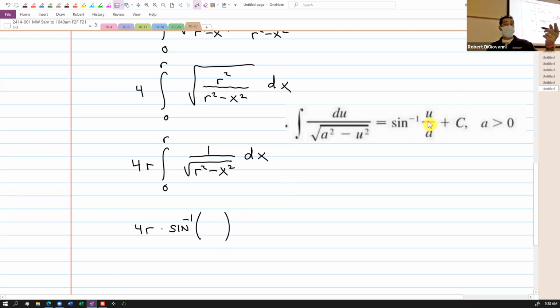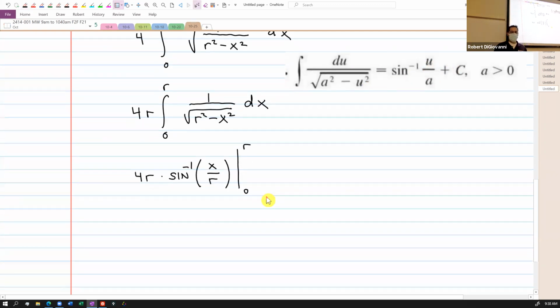For us, u is x, and a is r, right? And we're evaluating this from 0 to r. Who's got questions? It's actually looking pretty good, huh? We got the antiderivative. I mean, that's the hardest part of these problems, is there an antiderivative?